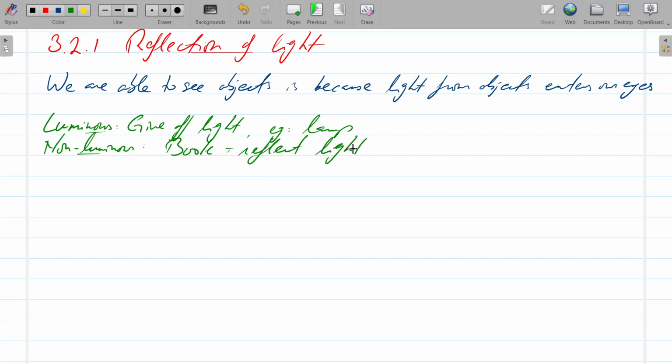And so you just saw in that video, a book is not shiny. And so it's not giving a bright complete reflection like the surface of water or a mirror or glass or metal would do. But when light hits the book, it is reflecting, it's spreading out.